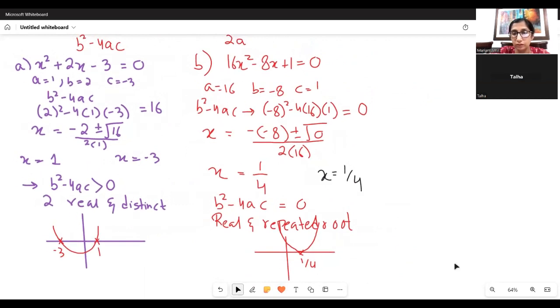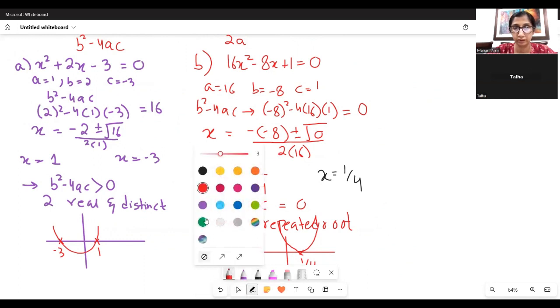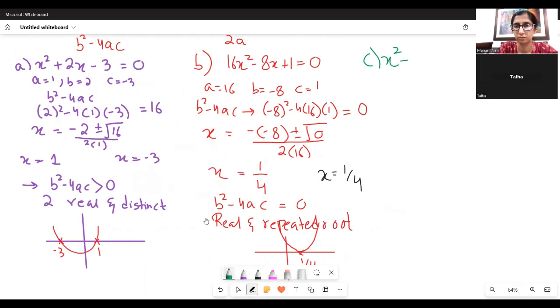Okay, let's take a look at another case, which is x square plus 2x plus 5 equals 0. So A is 1, B is 2, C is 5.